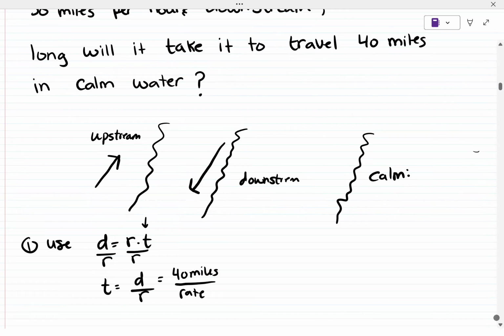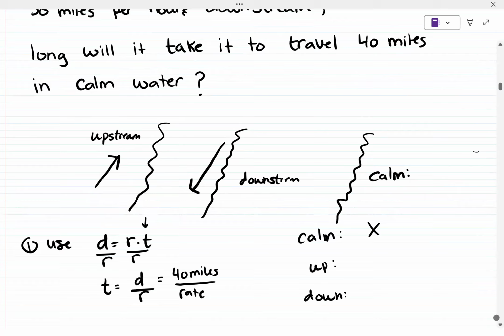So a steamboat can go twice as fast downstream. That kind of makes sense when you're going downstream. So we have calm, we have going up, and we have down. For calm, we'll call it X because we don't know.